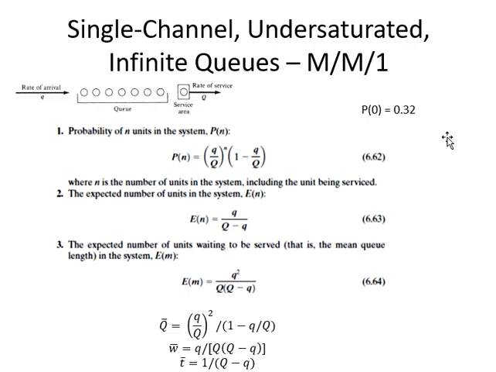So they are asking for expected value of n, E of n. How much is that? 2.13.